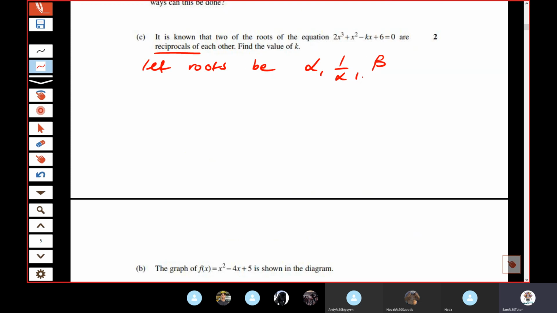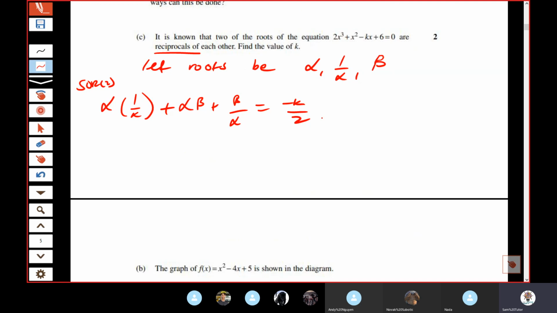So I guess you would probably want to do alpha times 1 on alpha plus the sum of roots 2 at a time: alpha beta plus beta on alpha, equals c on a, which is negative k on 2.